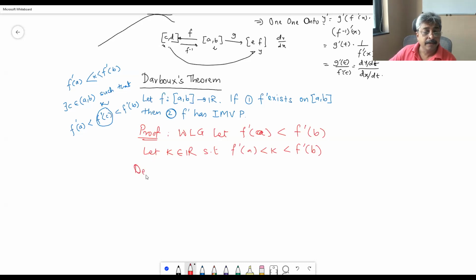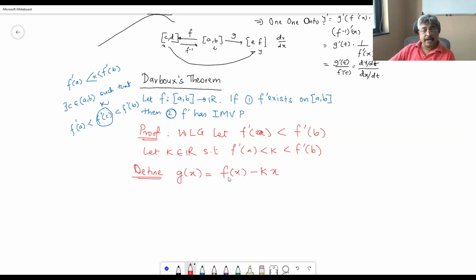Define g of x is equal to f of x minus k times x.